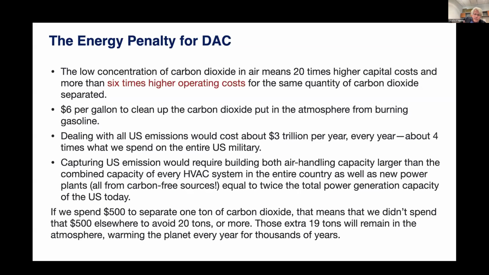And that difference in CO2 that's gone into the air by directing the money to DAC instead of something else leads to an accumulation of carbon dioxide over a long period of time that we're going to have to deal with far in the future. And this is where I don't accept the argument that we need to do this because we're ultimately going to need negative emissions. By putting resources into it now, we're going to need a lot more negative emissions.